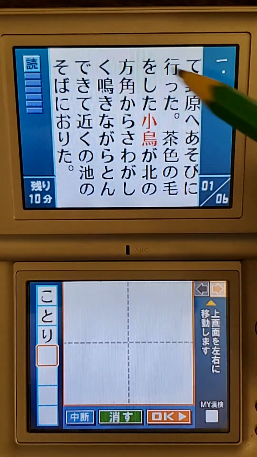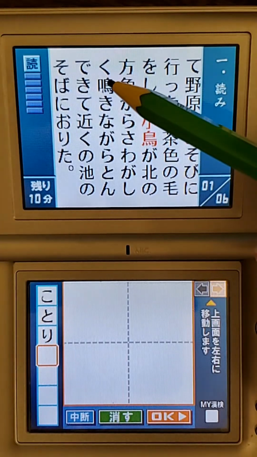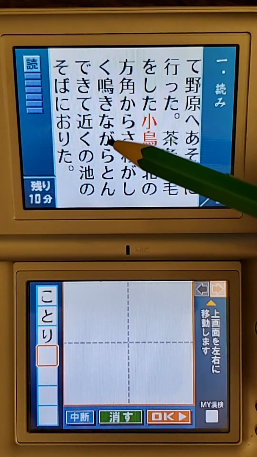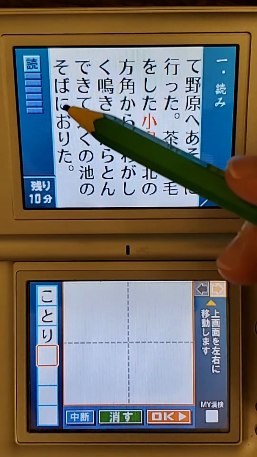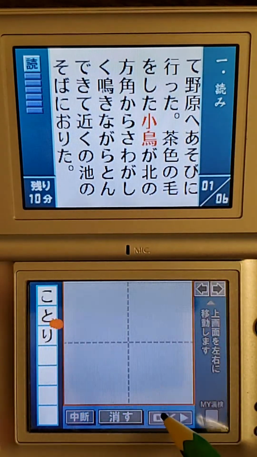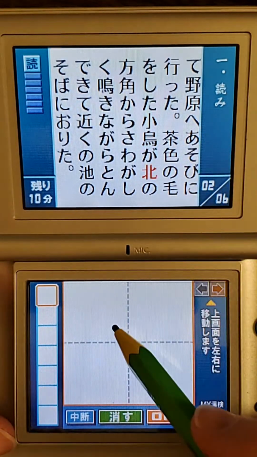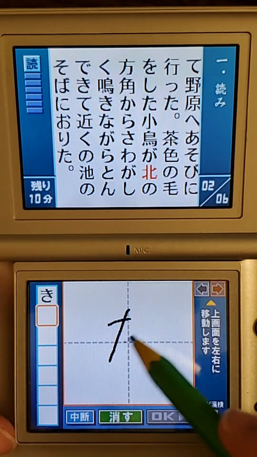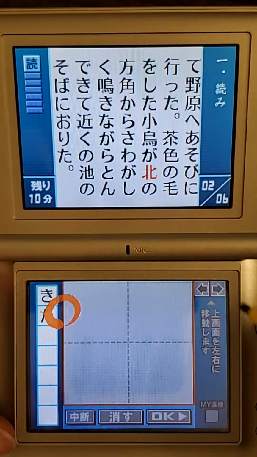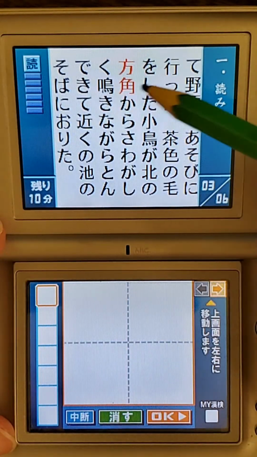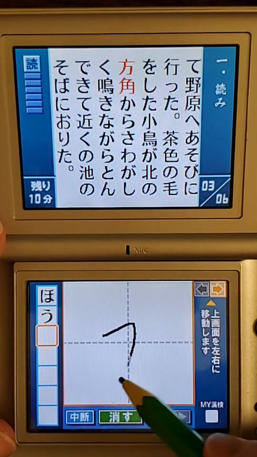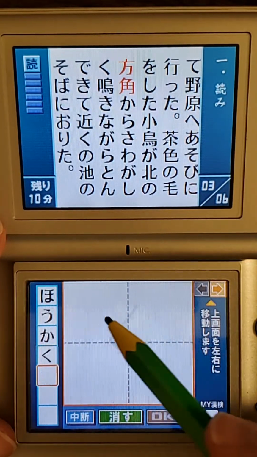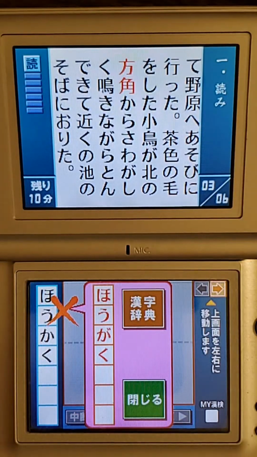Long sentence. 騒がしく泣きながら飛んできて近くの池のそばに降りた。So, 小鳥. Nice. 北, so north. Hokaku is what it is, I believe. So, in direction. Hogaku. Yeah, I kind of remember that.